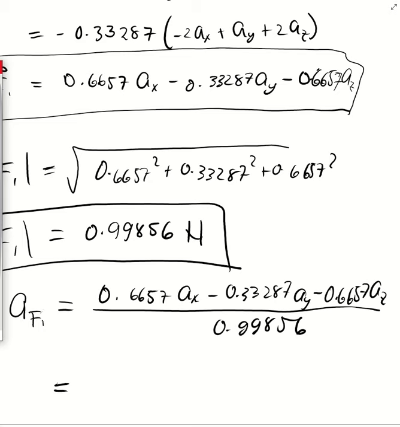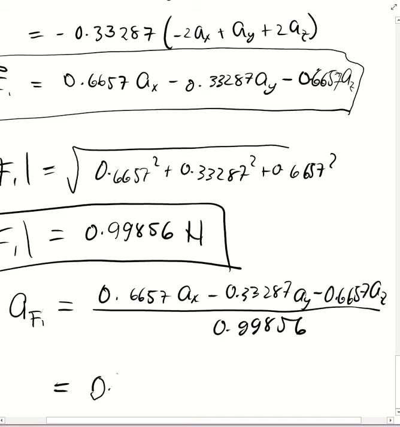So the direction will be the unit vector 0.6667 ax minus 0.333 ay, then it's the same 0.6667.